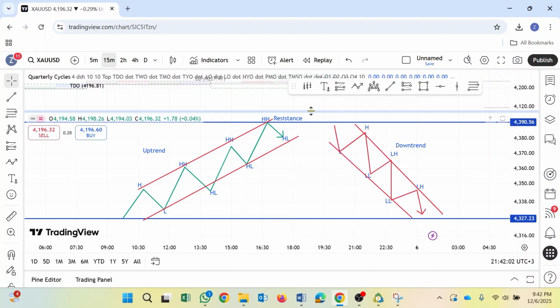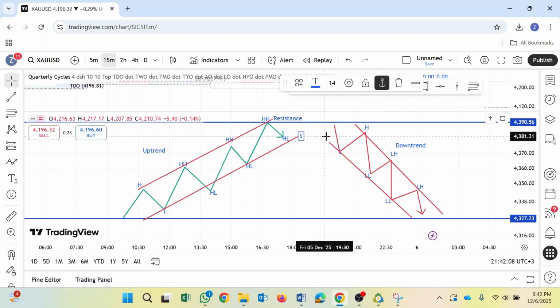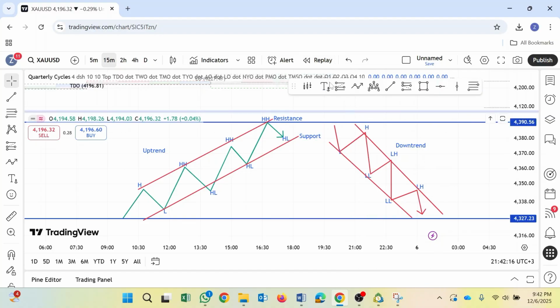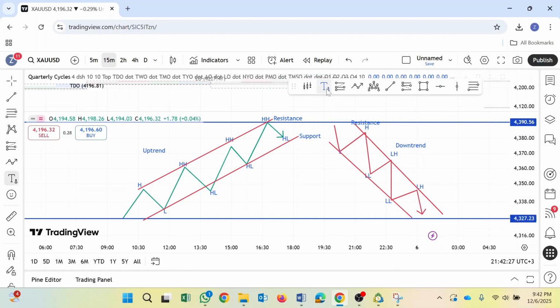Down here, sorry, we have what we call a support. Supports. The same case now applies to a downtrend. That up here, this is a resistance. And down, the line we drew connecting the lowest points here is a support line.